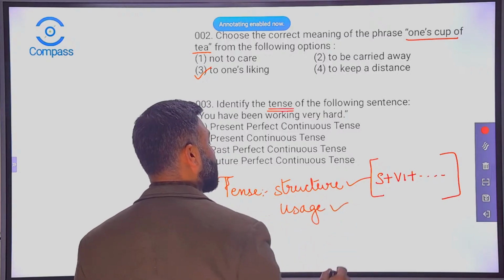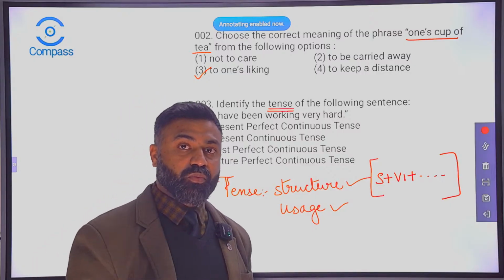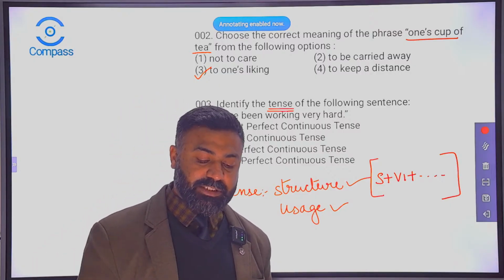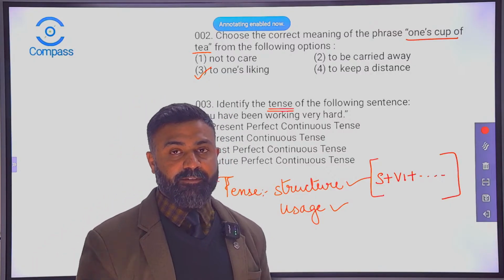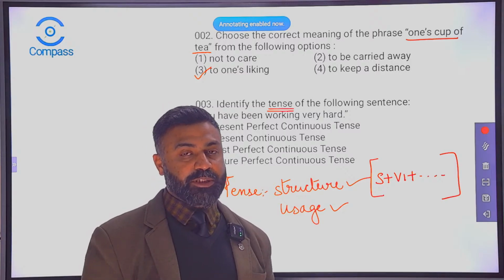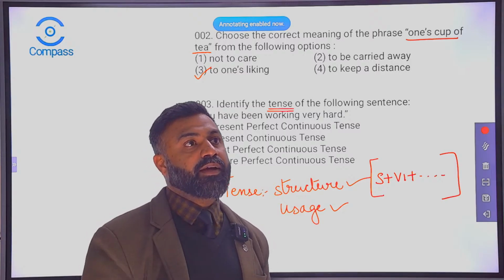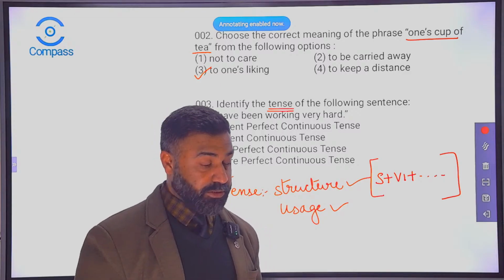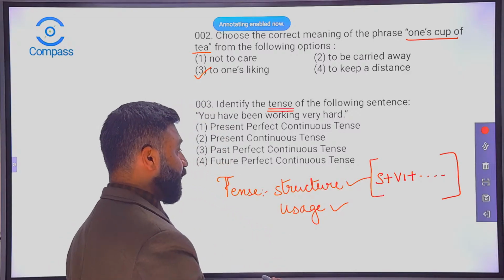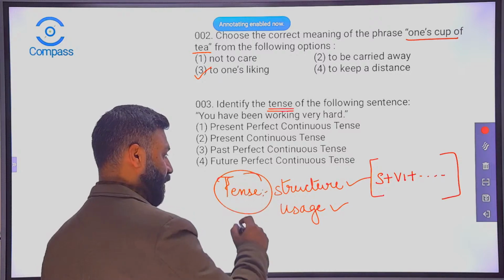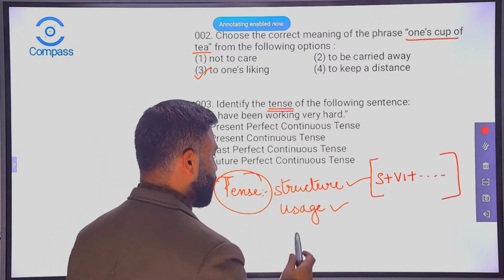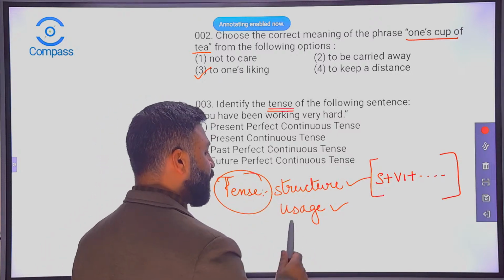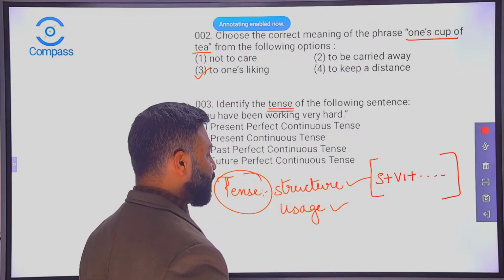When to use which tense. Which tense has to be used here in such kind of situation. If you're talking about a specific period of time, which tense am I supposed to use? So these are the 2 things when it comes to tenses. Make sure that you learn the structure and you learn the usage as well.